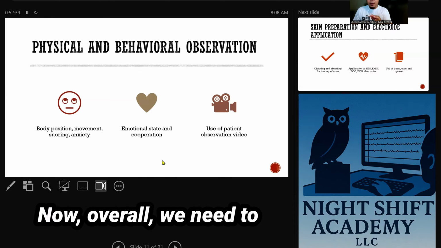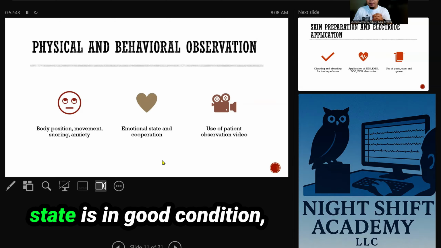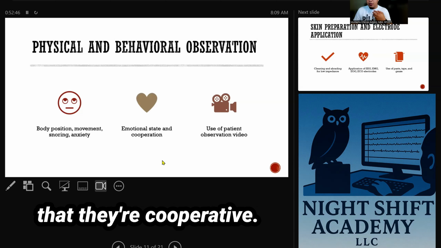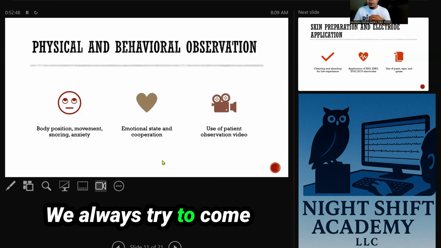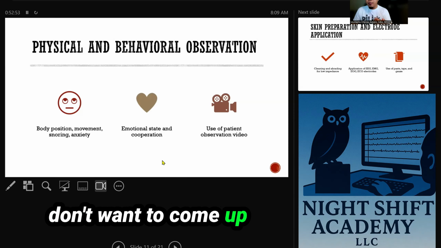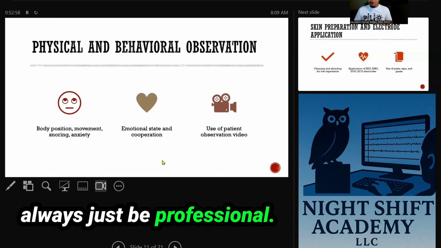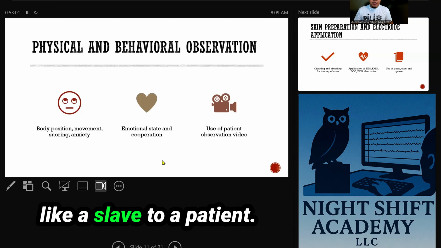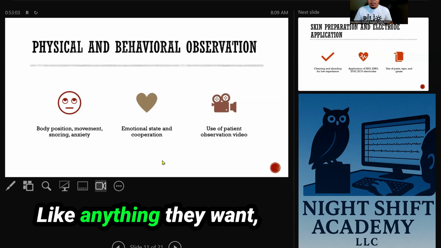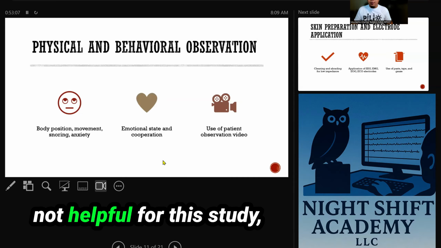Now, overall, we need to monitor and make sure that the patient's emotional state is in good condition, that they're cooperative. We always try to come up to the patient very understanding. You don't want to come up to the patient and be demanding. You have to always just be professional. You don't have to be like a slave to a patient, like anything they want, you will do, because sometimes they will request things that are not helpful for the study.